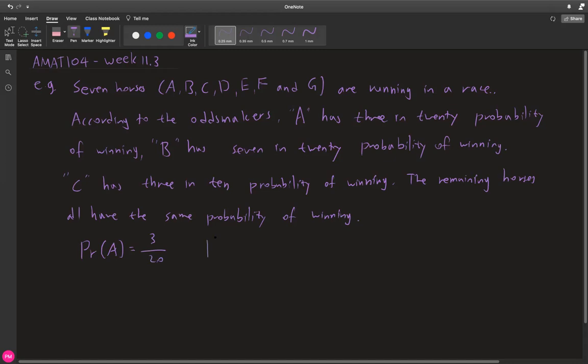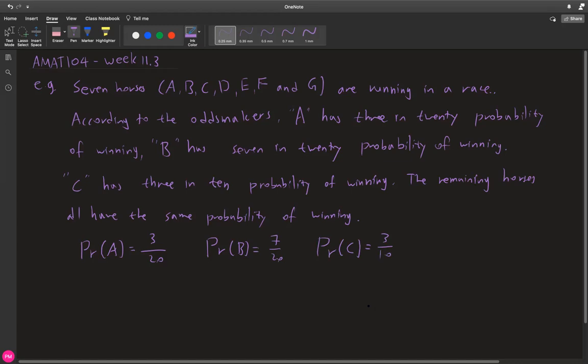And we also know that the probability of B winning the whole race is given as 7 in 20. But we're also given the probability of C winning as 3 in 10.